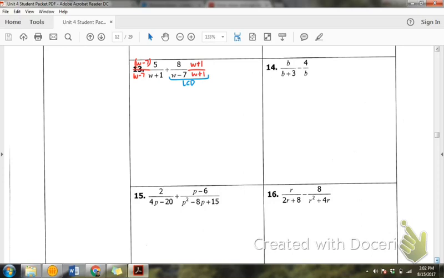Guys, you need to mark on your paper LCD, whether it's a bracket like this or whether you write it off to the side. Somewhere on your paper you have to mark that that's the LCD if you're going to use the letters LCD. Now we start multiplying. I'm going to multiply 5 times each of these. So I get 5W minus 35 over LCD.